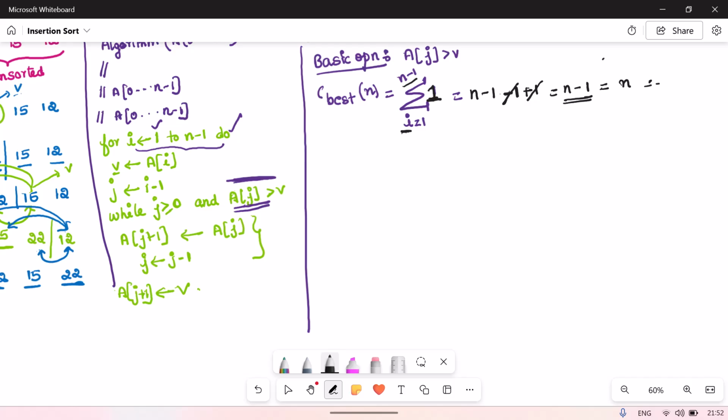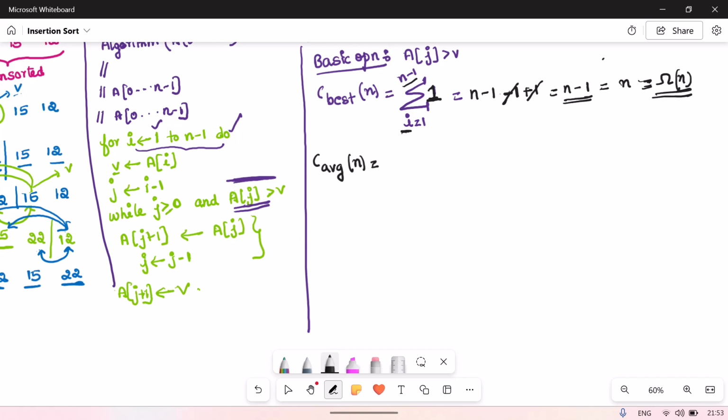And for best complexity, the symbol is omega. So it is omega of n. Similarly, for average time complexity, C average of n. Average time complexity.